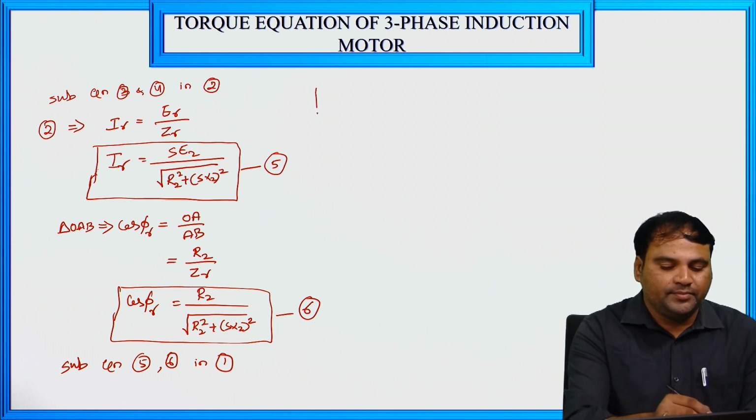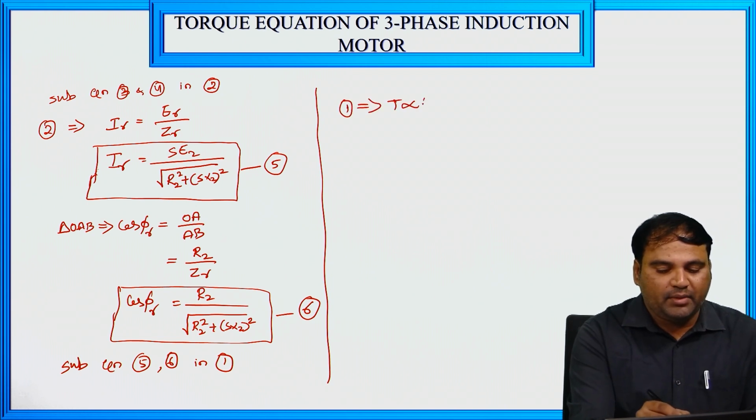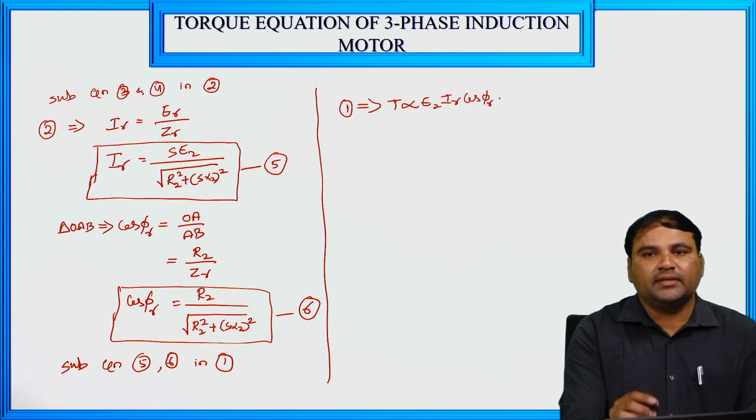Equation 1 is T directly proportional to E2 IR cos phi r, right?